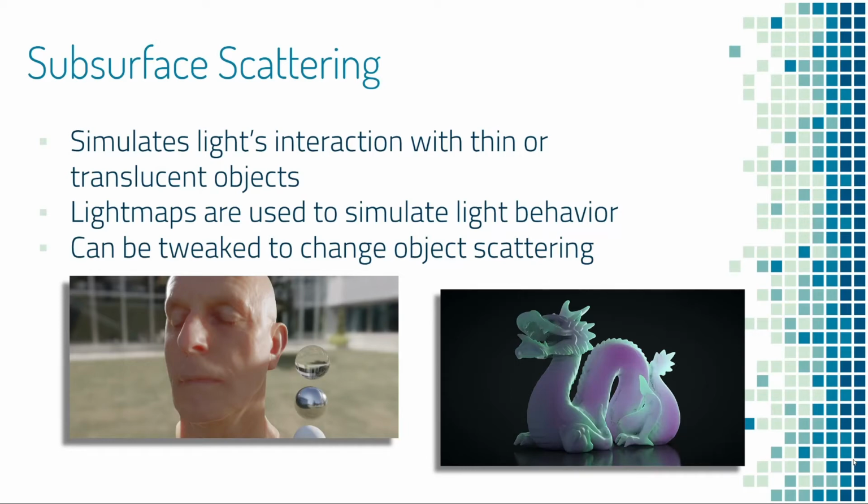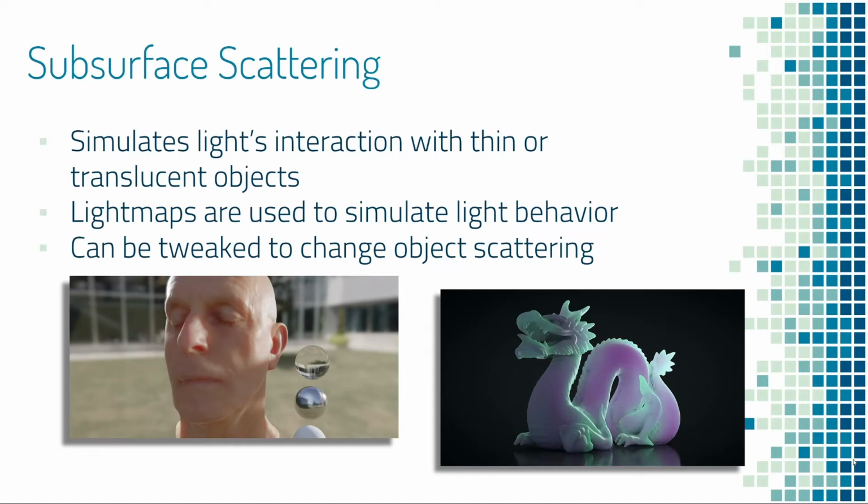Usually in pre-rendering, this is done with actual light rays and tries to replicate the literal physical properties of light, but that still isn't fully realized in real-time rendering just yet. So instead, subsurface scattering techniques involve approximation of light data, which can be used in a data structure like a light map, which essentially holds all the lighting information for any given object or texture and can be retrieved later for lighting calculations.